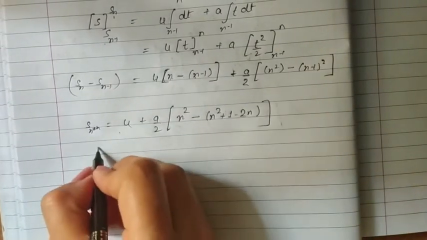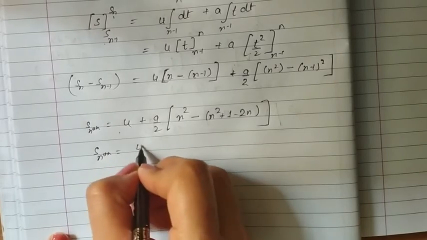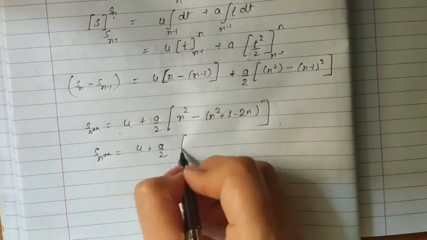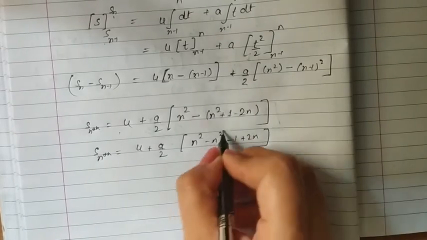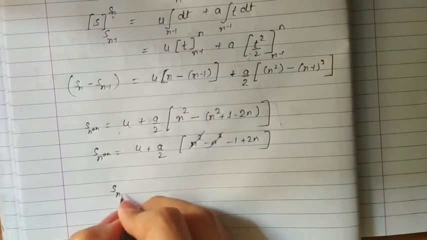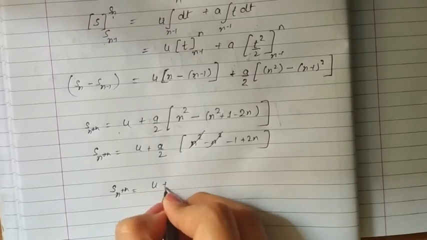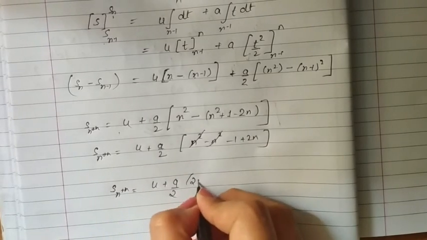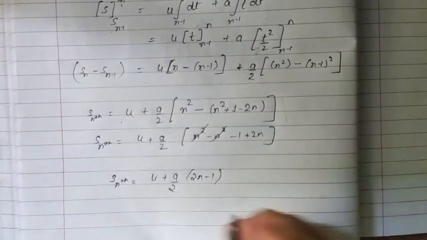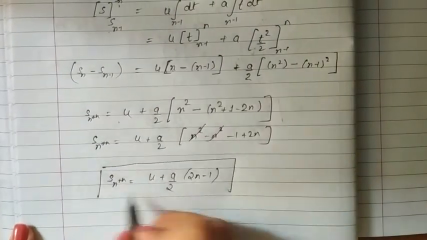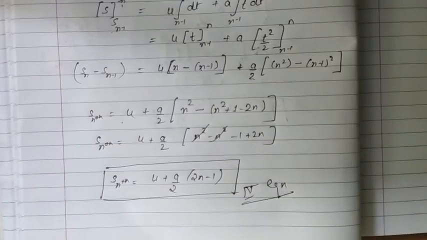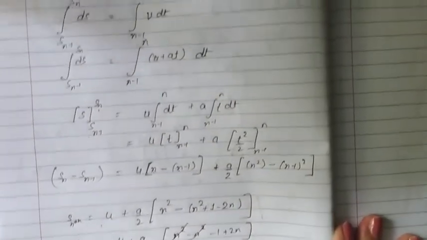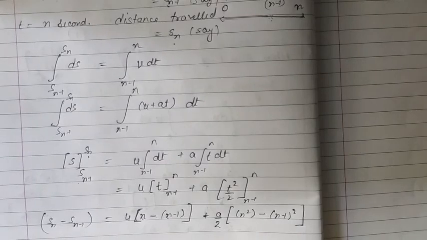So on solving we get Snth is equal to u plus a by 2 times n square minus n square minus 1 plus 2n, this will be cancelled out, and Snth is equal to u plus a by 2 times 2n minus 1. So this is the value for Snth, and this is the required fourth equation of motion. So this is how we can prove the fourth equation of motion by using the calculus method.